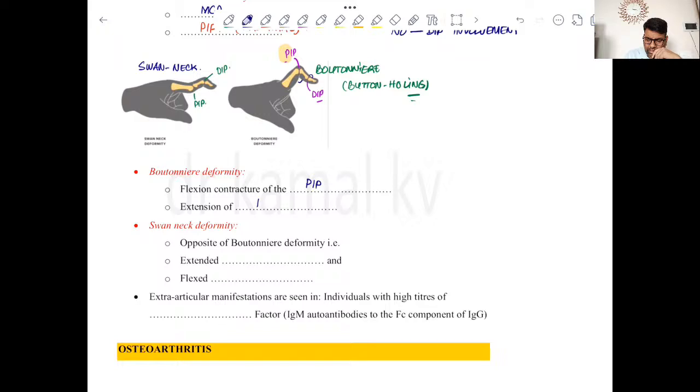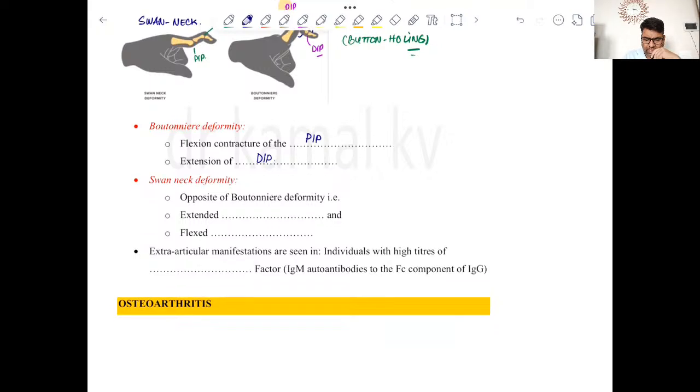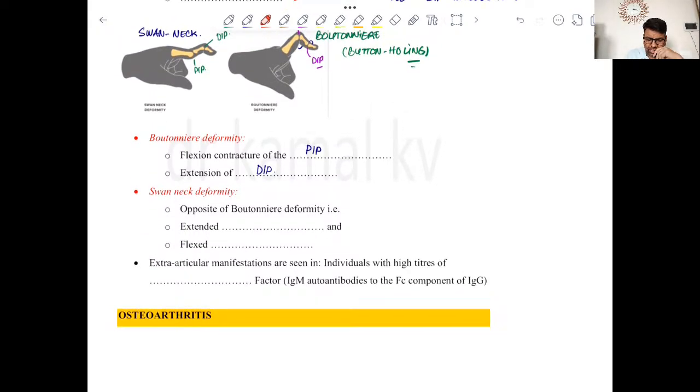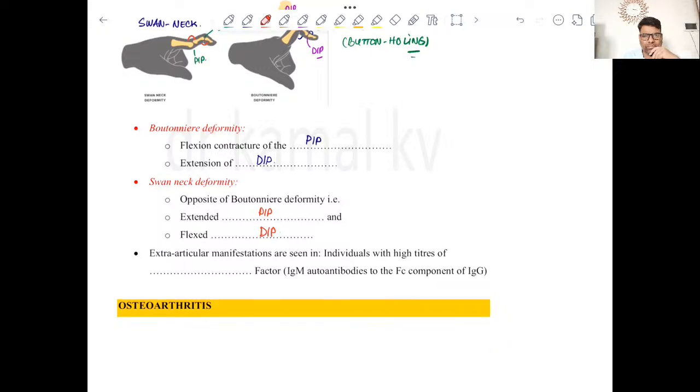So there is extension of DIP and flexion of PIP. Now simply reverse it and you will get the swan neck deformity: extension at PIP and flexion at DIP. Clear? Just opposite to each other and very easy to remember. If you remember one, you can decode the other.